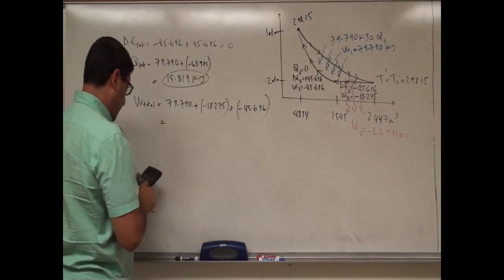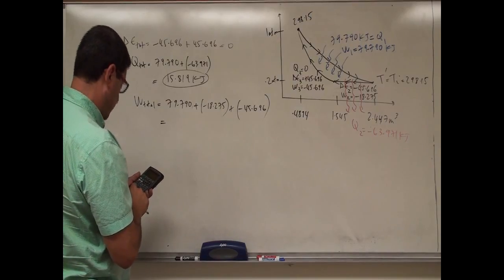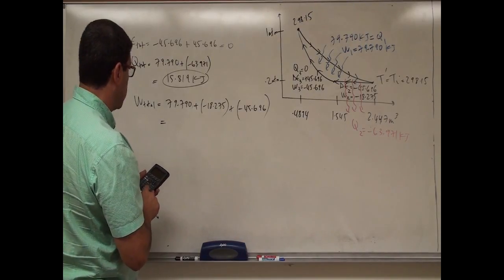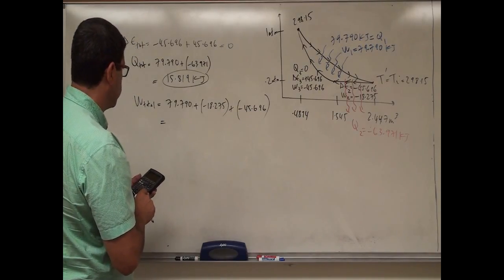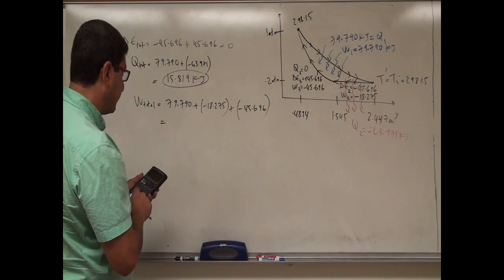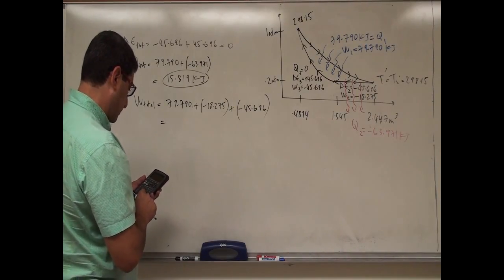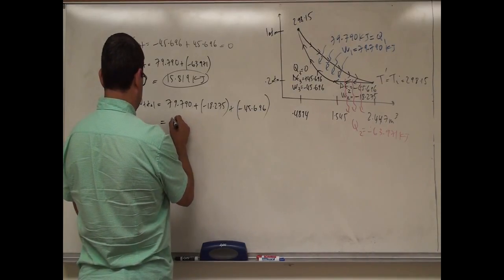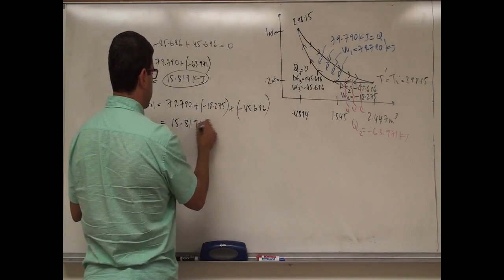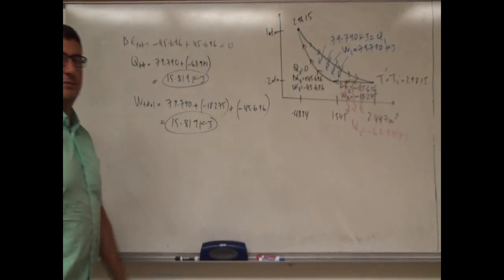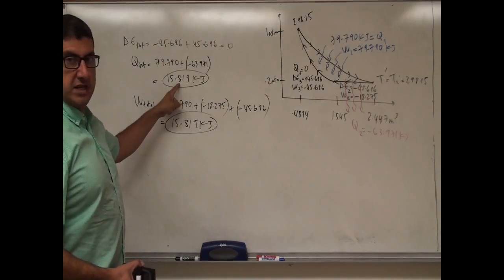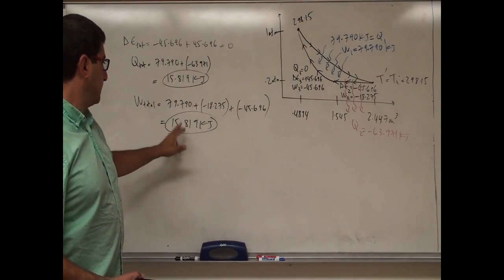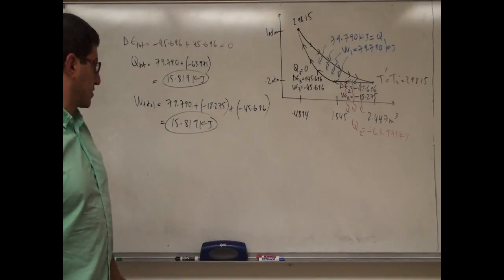Okay, so that's the total work done by the gas: 79.790 minus 18.275 minus 45.696. That's 15.819 kilojoules. Just amazing, right? How it always comes out. So 15 kilojoules net total heat coming in and out of the system. The gas is doing 15 kilojoules of work.